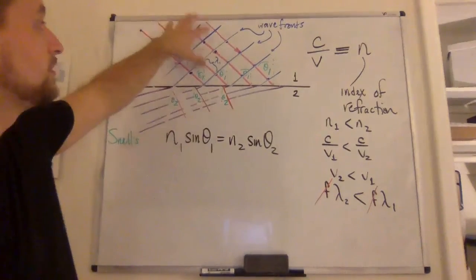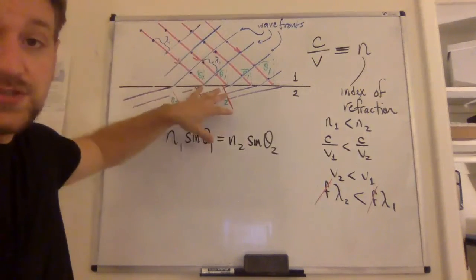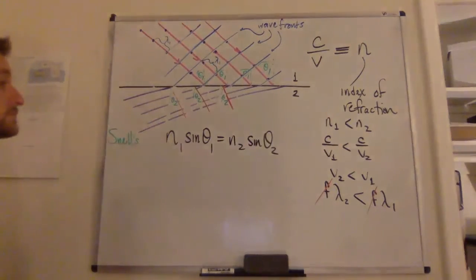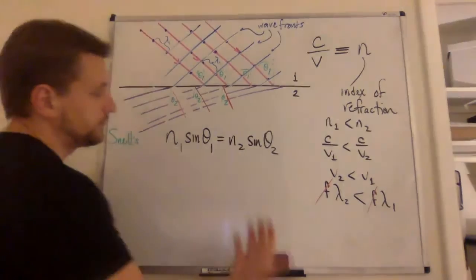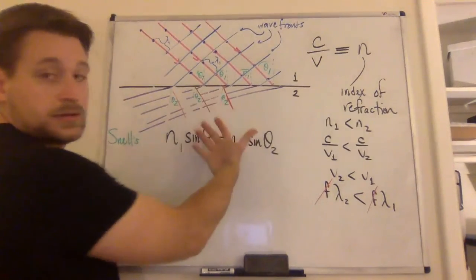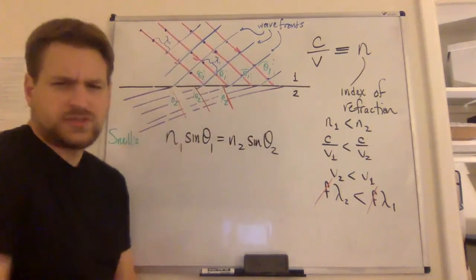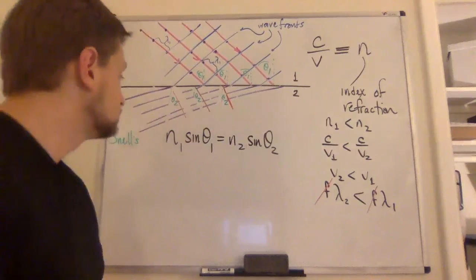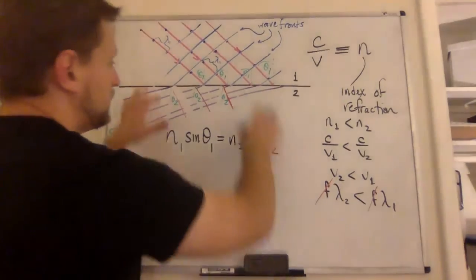If we're going from a fast medium to a slow medium, like is pictured here, everything's fine, no problem. What if we're going the other way? What if we're coming up in water, going to air? Should still be fine, right? Well, let's find out. Here we are in medium 2.